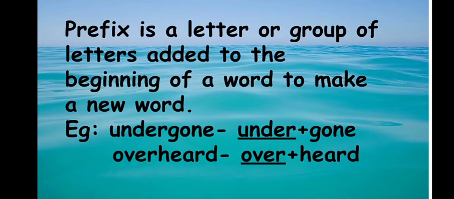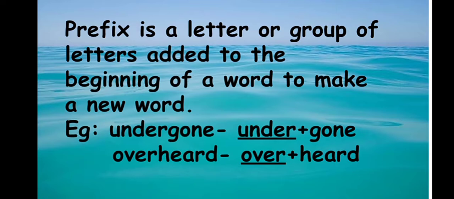Look at the examples once again. Undergone. Under is the prefix, and we made a new word, undergone. The next one, overheard. Over is the prefix. We added it to the word heard and we made a new word, overheard. So prefix is a letter or group of letters added to the beginning of a word to make a new word.